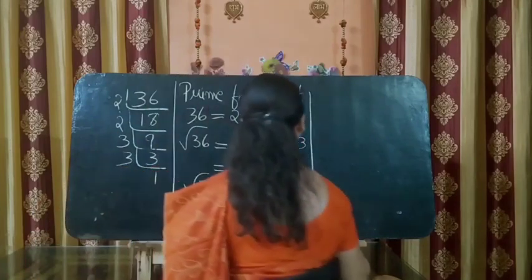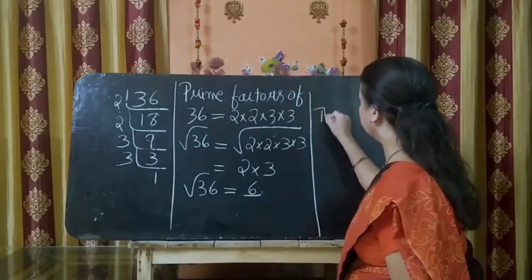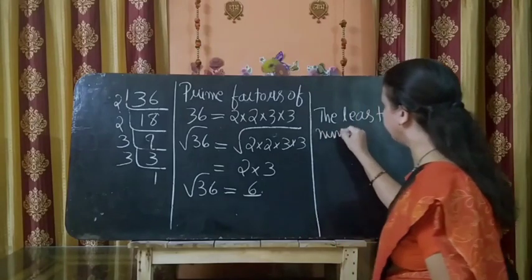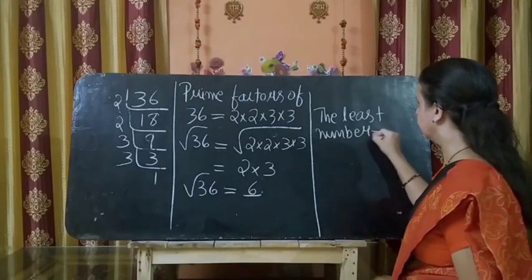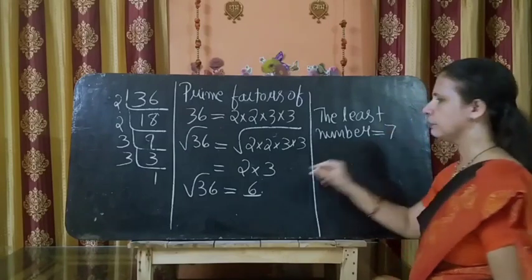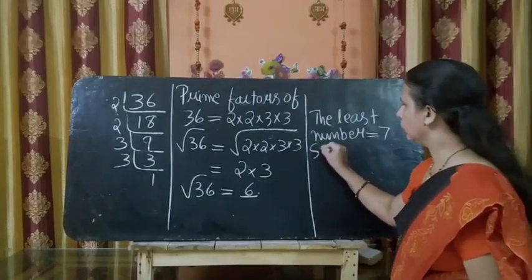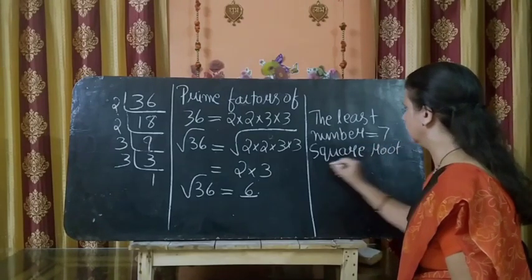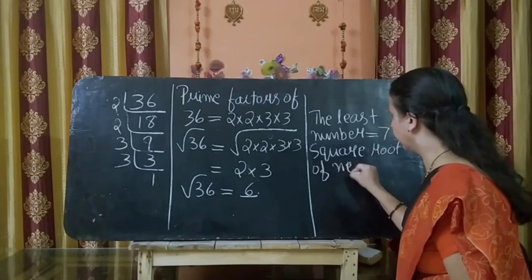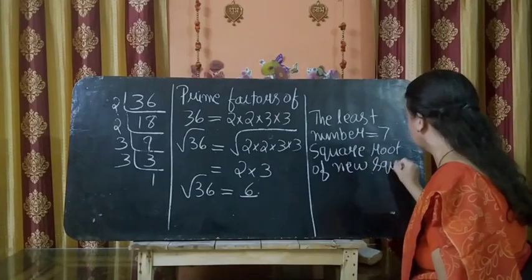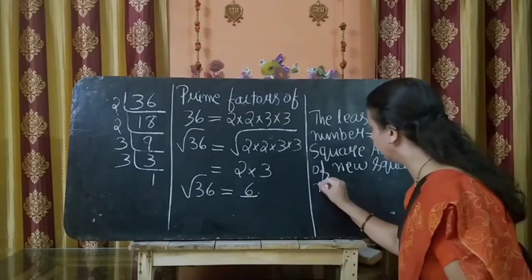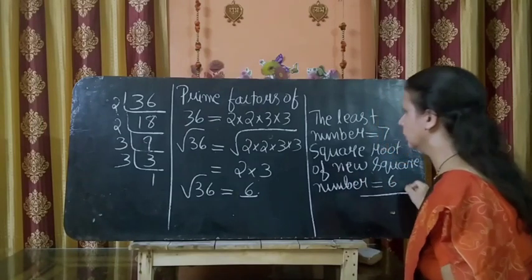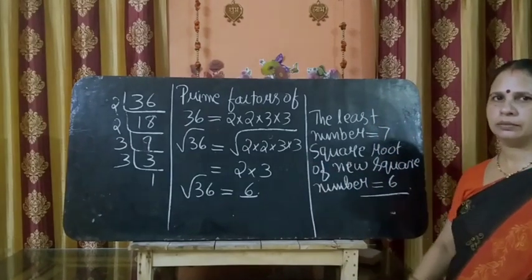Then the least number equals 7, and the square root of the new square number equals 6. Copy down this.